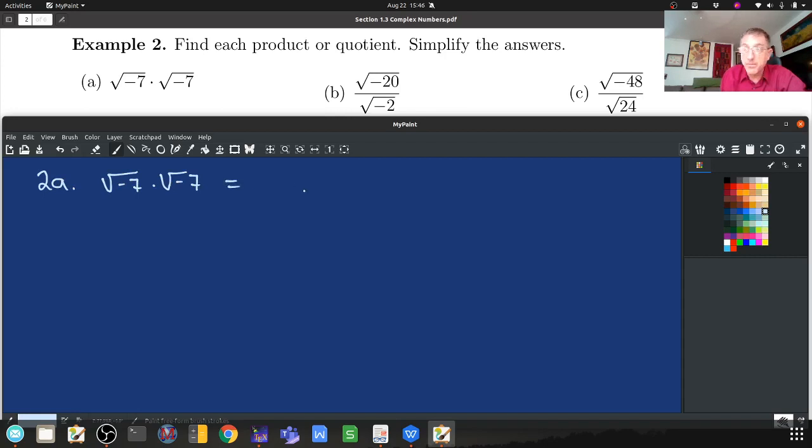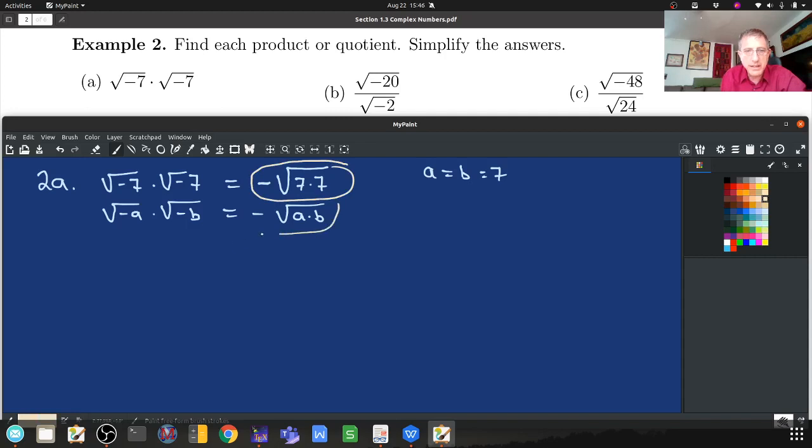Well, from my theorem, I get that is the same as minus the square root of 7 times 7. So remember, we had the theorem, the square root of minus a times the square root of minus b, where a and b are both greater than 0, is equal to minus the square root of a times b. But in this case, a is equal to b, which is equal to 7. So we can simplify this.